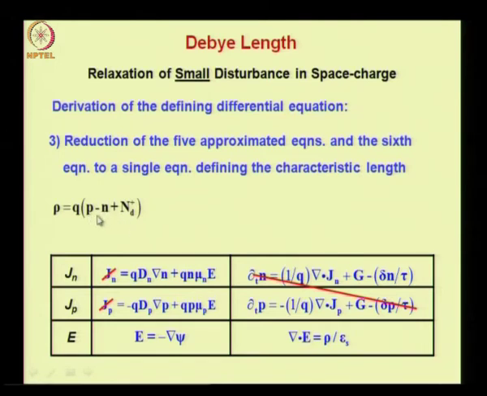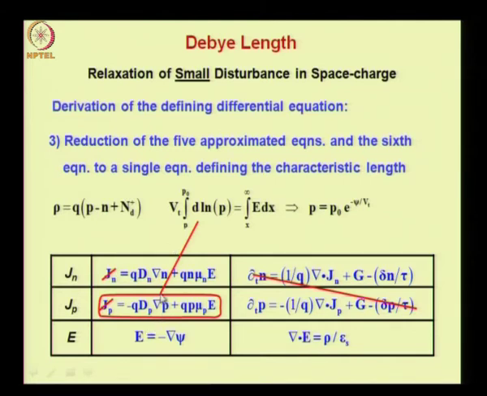How do we get the expressions for p and n? Clearly, the expression for p would be obtained from this equation by setting this Jp equal to 0, and similarly the equation for n will be obtained from this equation. So now let us take the equation for p.